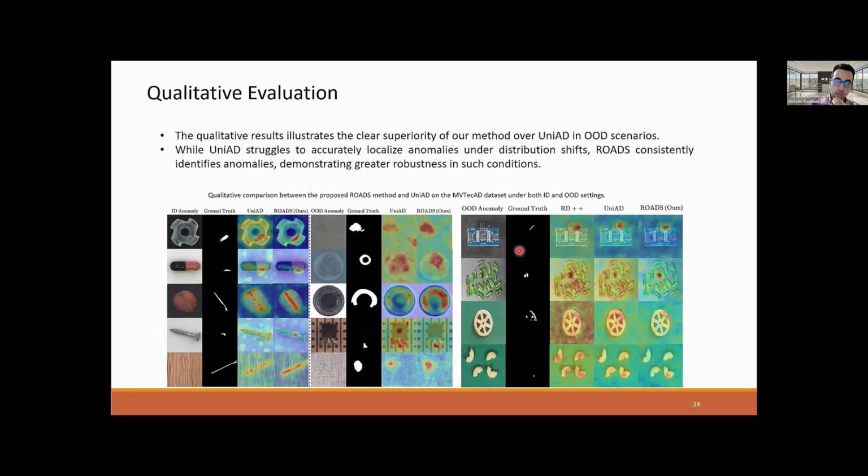As you can see, the localization of anomalies is more accurate, for instance, compared to the UniAD method in relation to different classes. Our localization is more accurate and has less error compared to the others. And these are also some other results in other benchmarks. This is the MVTec benchmark, and this is, I think, the VisA benchmark.